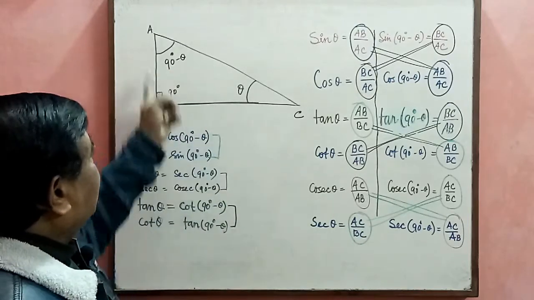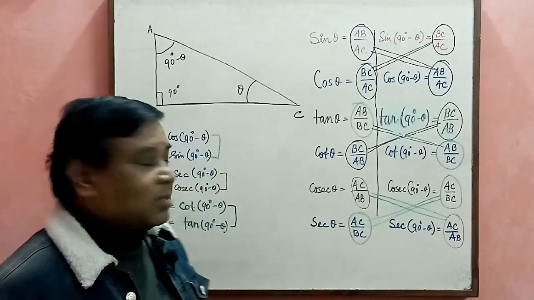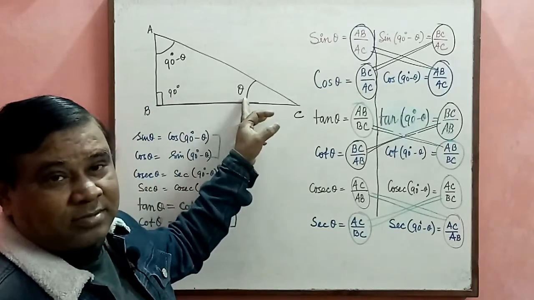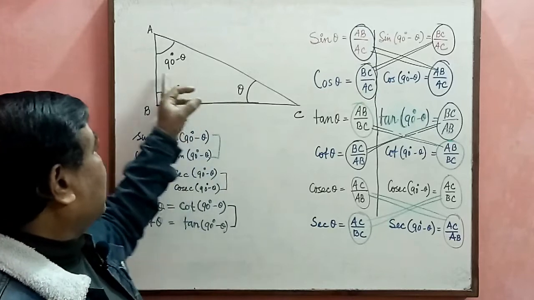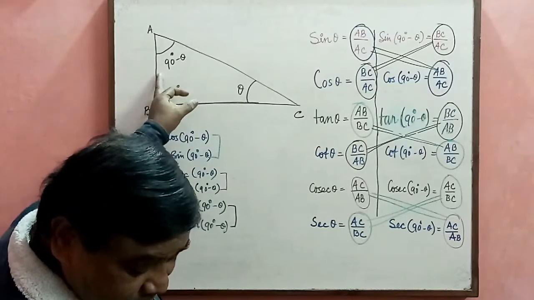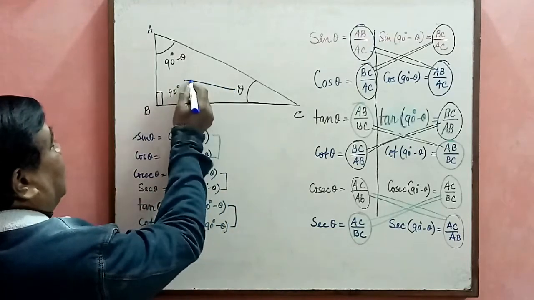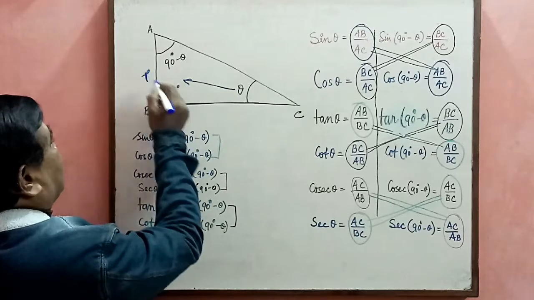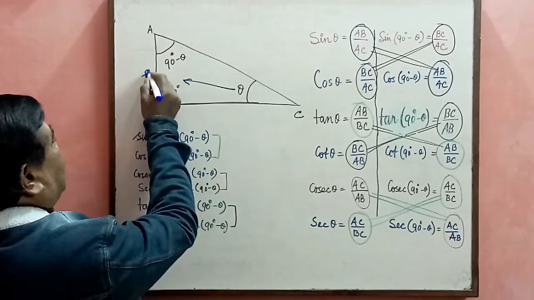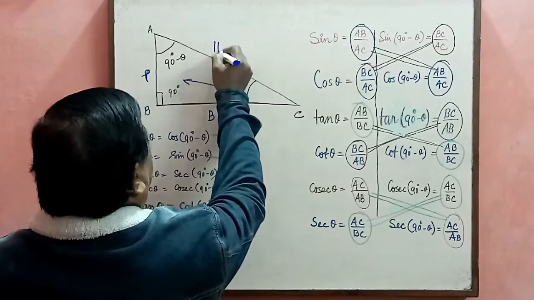First of all, I will again repeat: whichever angle you are considering, just opposite to that one is perpendicular. If I consider angle theta, this is perpendicular P and this is base B. Obviously, hypotenuse doesn't change.